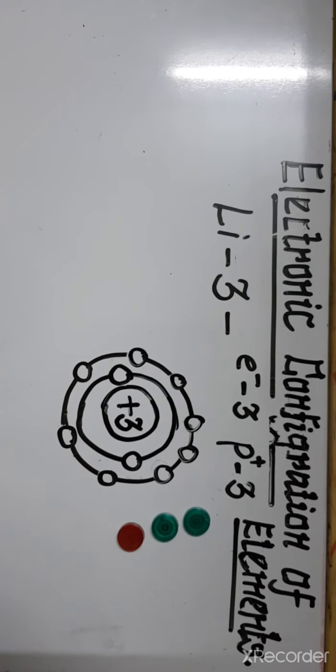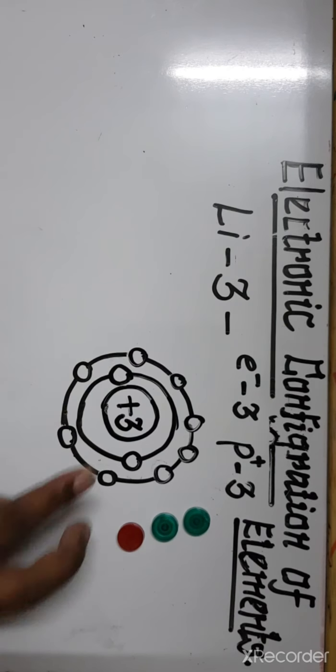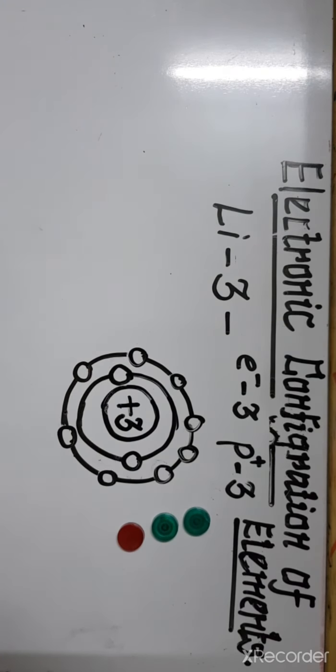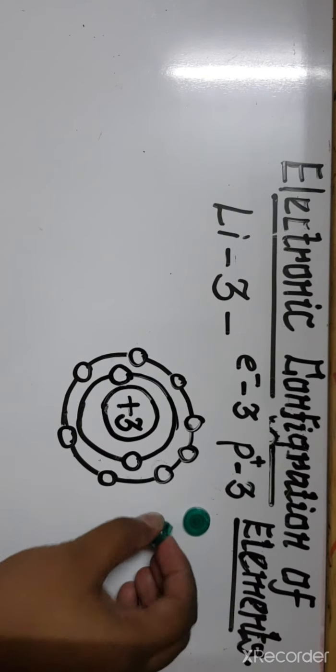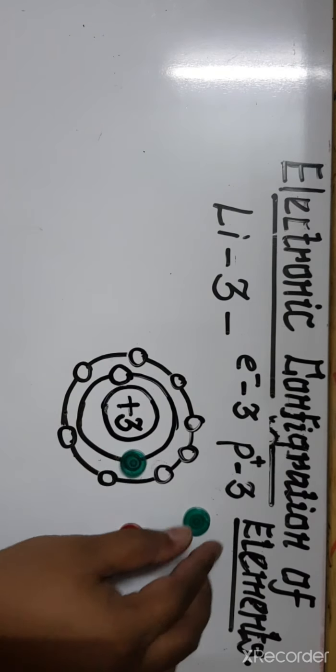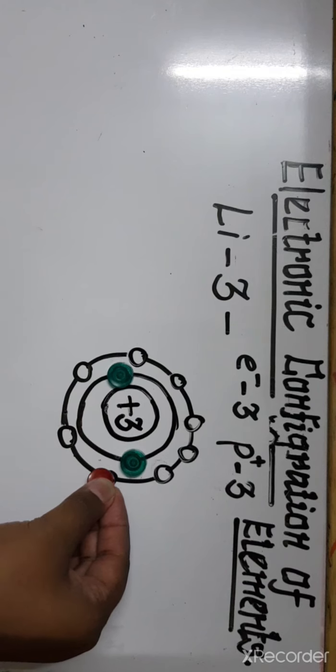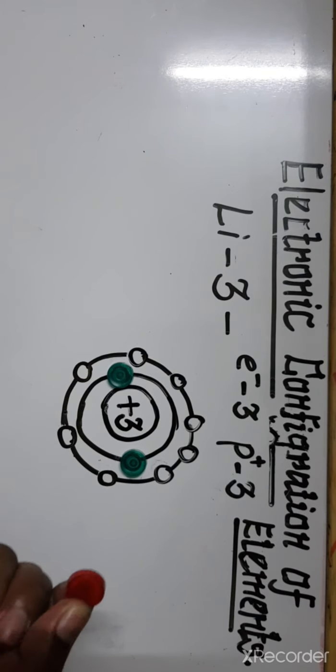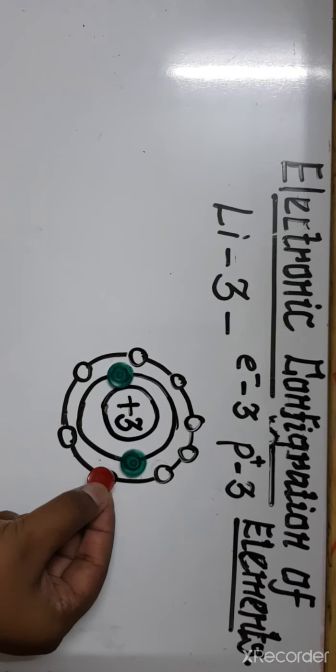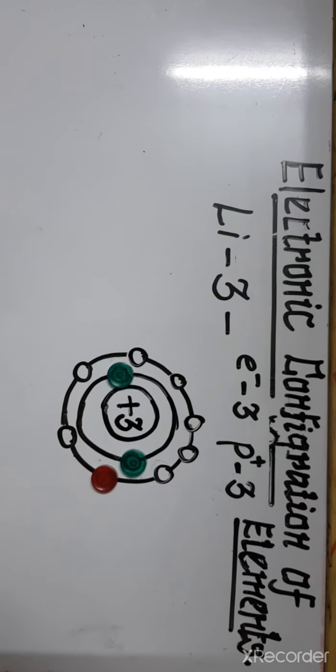First of all, we have to place the electrons in the first shell. So we place one electron here and the second electron here. Then in the second shell we place 1 electron, as we have only 1 electron left in the lithium atom. The remaining spaces will remain empty.